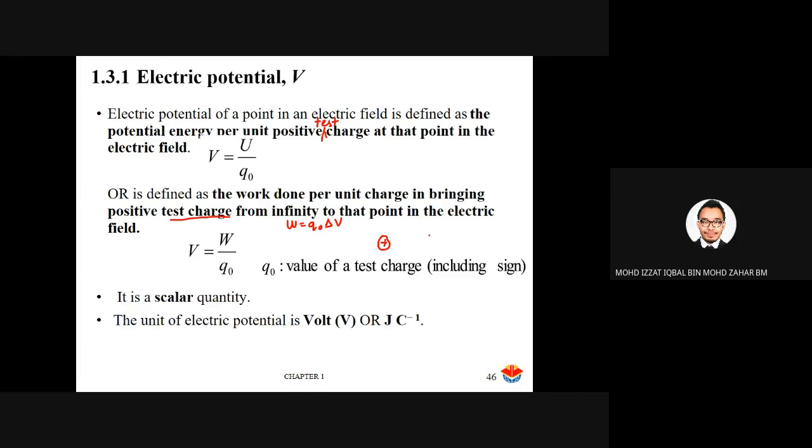Dia ada field lah dekat keliling dia. Potential referring to work done to bring positive test charge. I put it over here as Q naught from infinity, R equals to infinity, to that particular point.